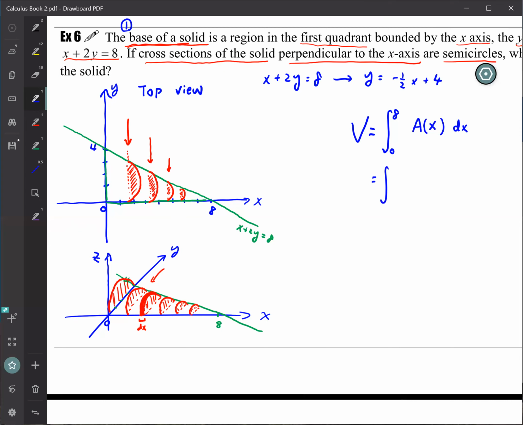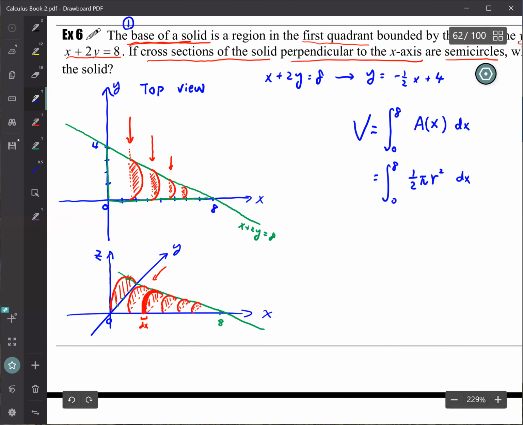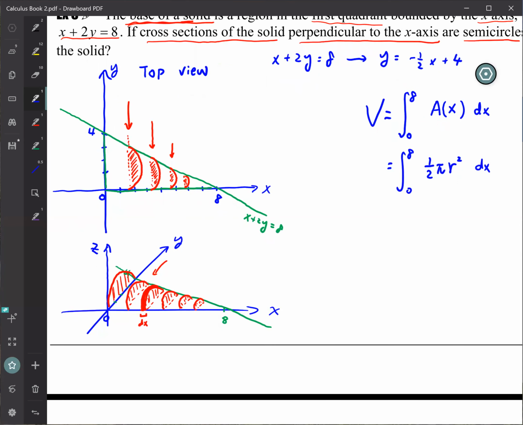What's the formula? Half pi r squared. Half pi r squared. The r here is the radius of the circle, okay? And then dx, 0 to 8. Okay, so the radius, because we need to write everything in terms of x, okay?